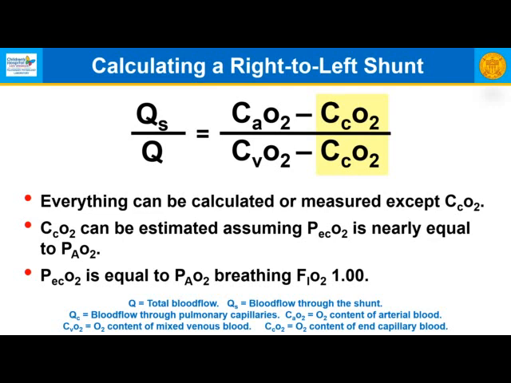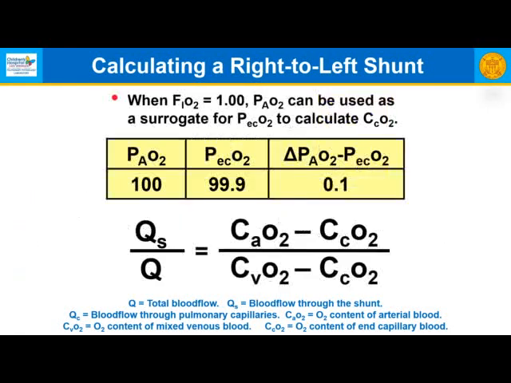Now, the problem is we can calculate everything in this equation except the content of capillary O2, right? This can be estimated using alveolar O2 if capillary O2 is nearly equal to alveolar O2. And it is nearly equal when you breathe 100% oxygen.